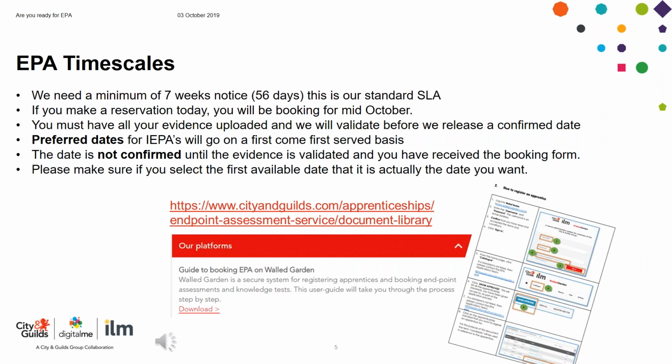At this stage, it is a preferred date and not confirmed until you receive a booking form and you sign and return that form confirming the date you would like the event to take place. Evidence must be validated before we can confirm the date.